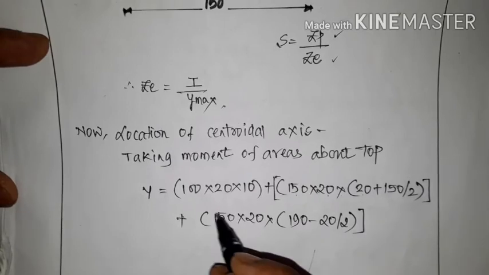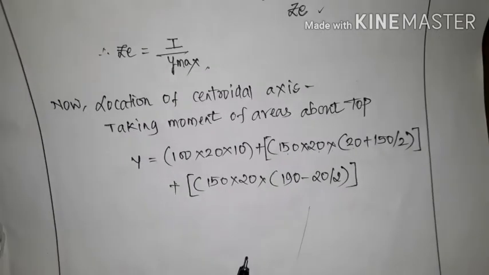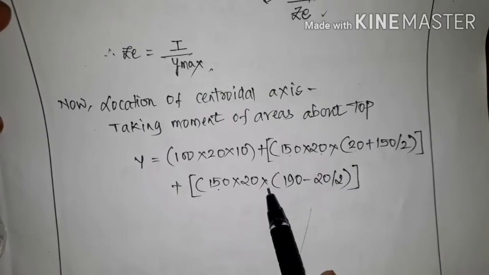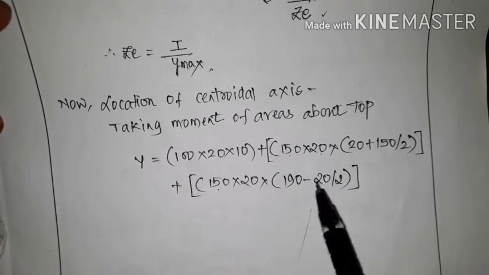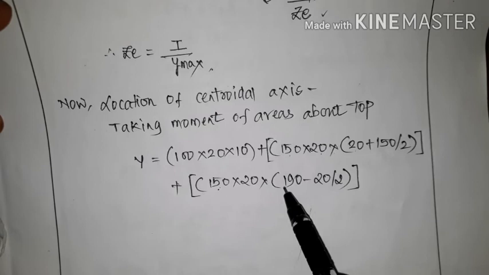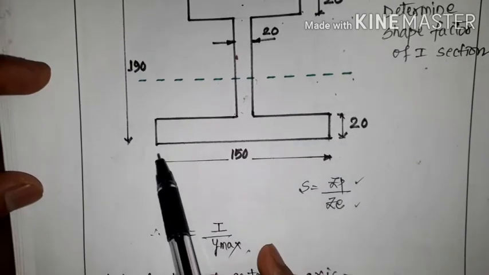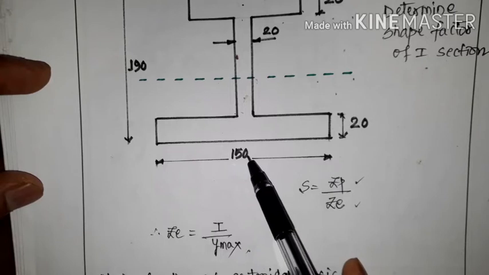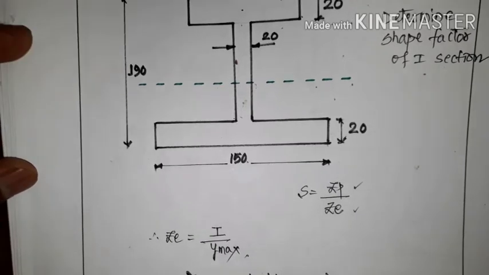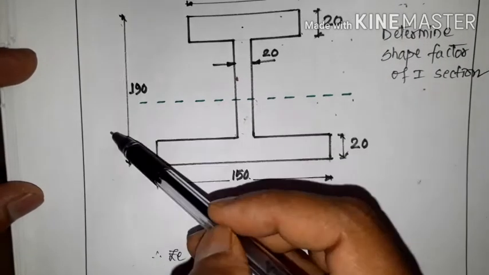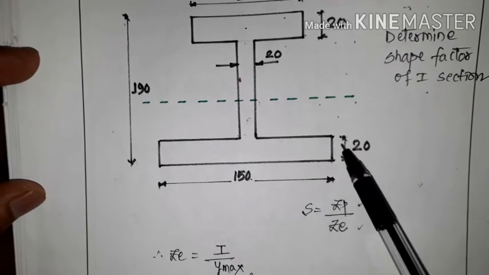So here we can see 150 into 20 is the area A into Y bar, so 190 minus 20 by 2. The area of the bottom flange is 150 by 20, and the centroidal distance is 190 minus 20 by 2.